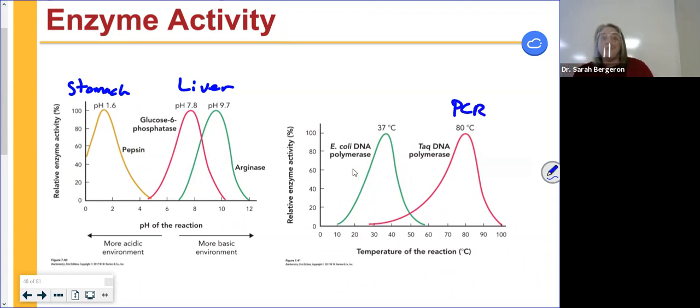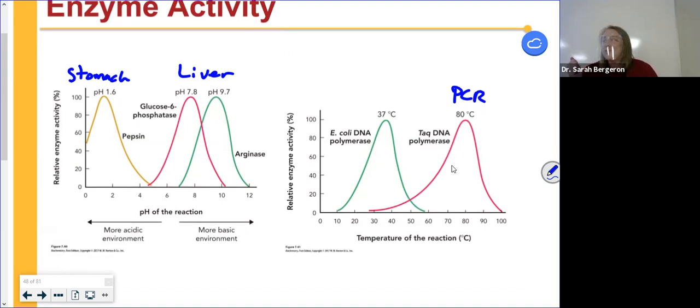It's really, really different than E. coli, than our DNA polymerases, in that it can be active at very, very high temperatures. Why can it be active at very high temperatures? Where do we find the organism that has Taq polymerase? In geothermal vents under the ocean, right? So they have to be able to work at very, very high temperatures.